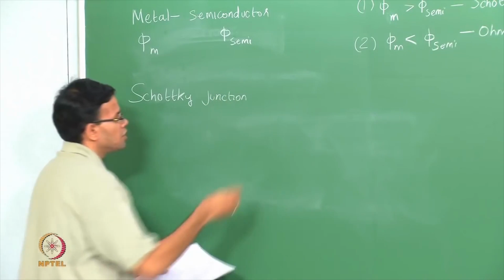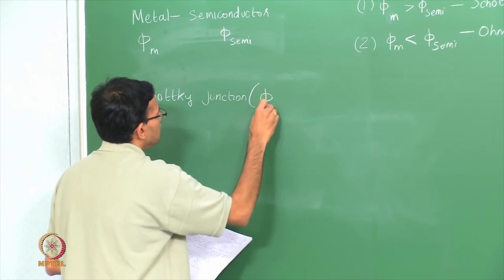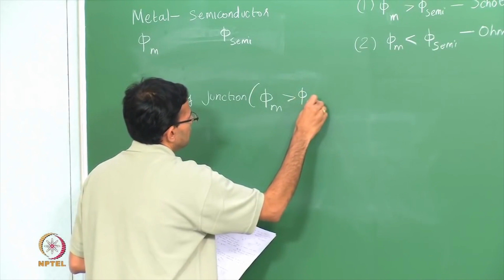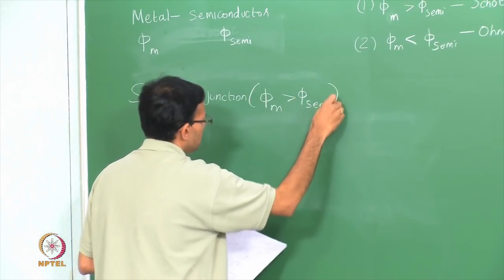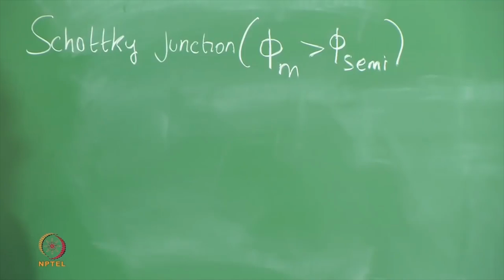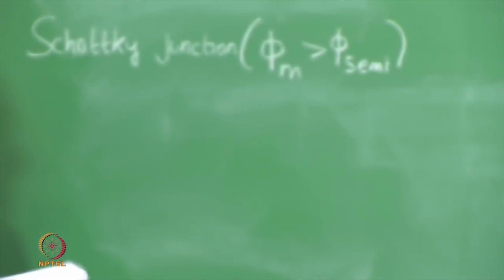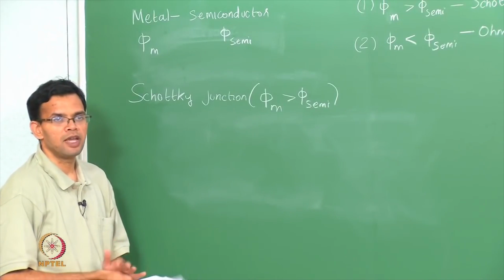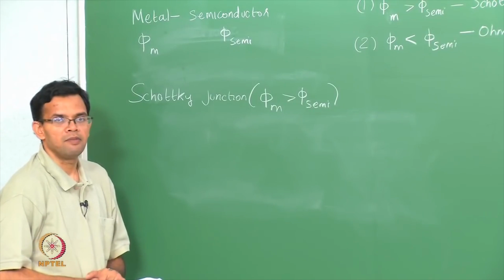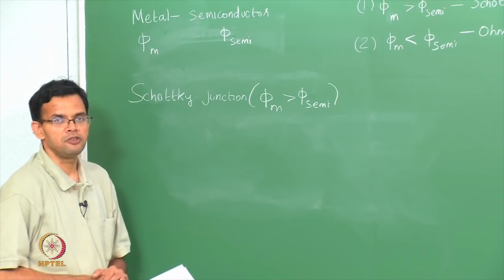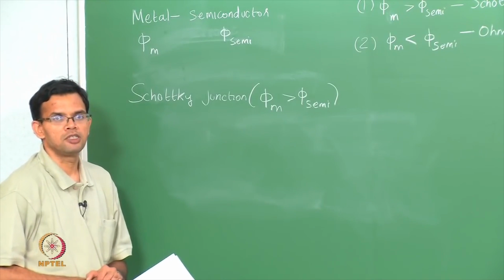So, a Schottky junction is one where phi m is greater than phi semi. Let me draw the band diagrams for the metal and the semiconductor separately, then we will put them together and draw the band diagram in equilibrium. We will follow the same procedure that we used when we formed junctions between metals.